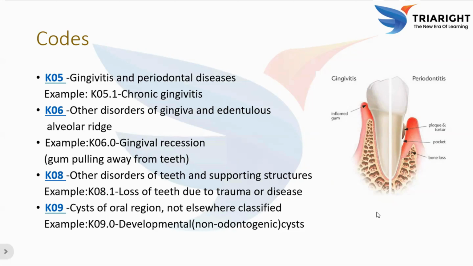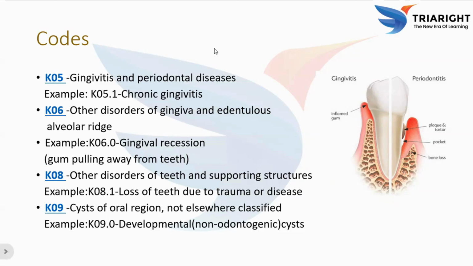So what happens when this infection goes deeper into the tissues? The gums pull away from the teeth, forming pockets that collect bacteria. The bone and the connective tissues that hold teeth in place begin to break down. This can lead to tooth loosening or tooth loss.